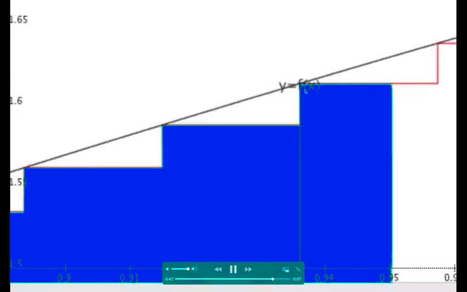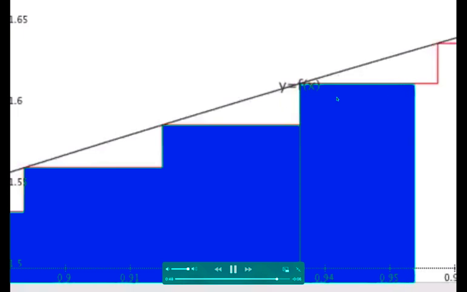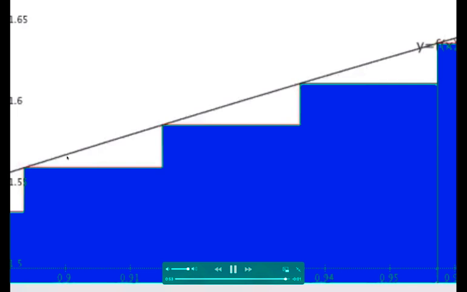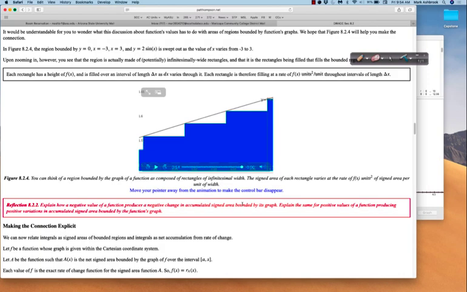So we can make these little intervals really small, and these constant function values will mimic that function really well. And then we know that the rate of change for area is the value of the function, right? So we're going to apply the same conversation to polar coordinates. So let's take a look.